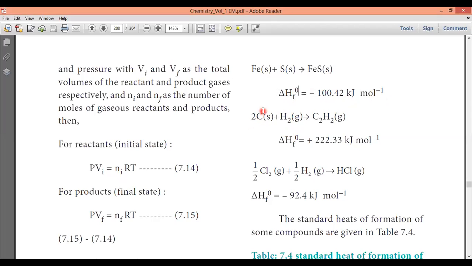That is for iron, one example. Similarly, carbon and hydrogen will give C2H2. Here delta H f naught is simply plus 222.33 kilojoule per mole. That will be the standard value. And next, another example.